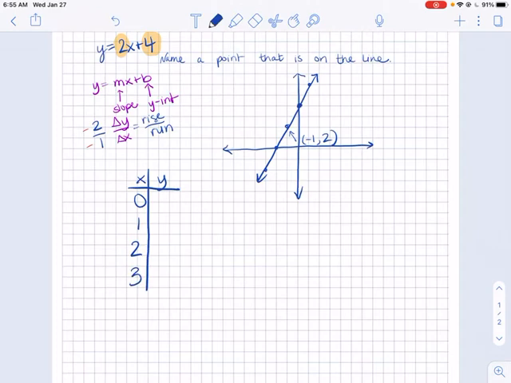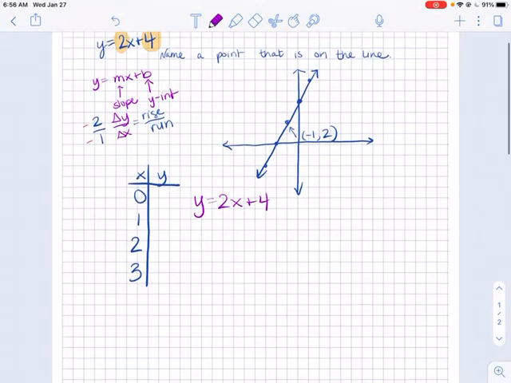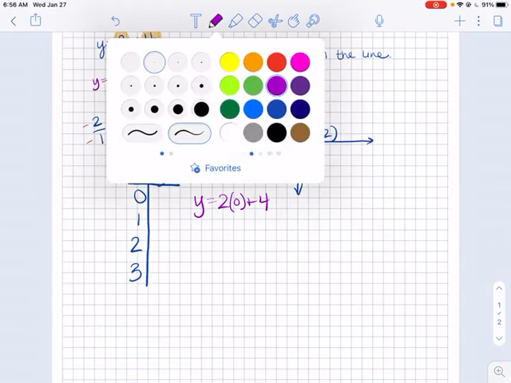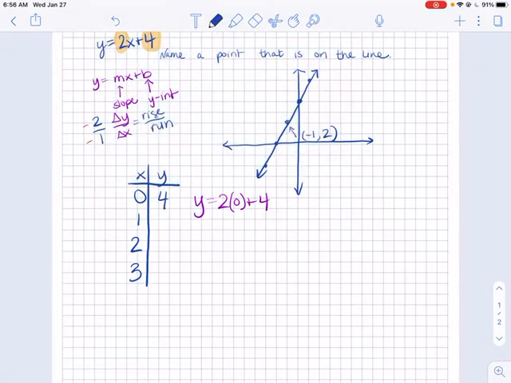And then your y equals 2x plus 4 is like a little formula for how to calculate y. So I'm going to replace the x with a 0, and then that will tell me what y is at that point. 2 times 0 is 0, plus 4 is 4. So on this one, it's 0, 4.